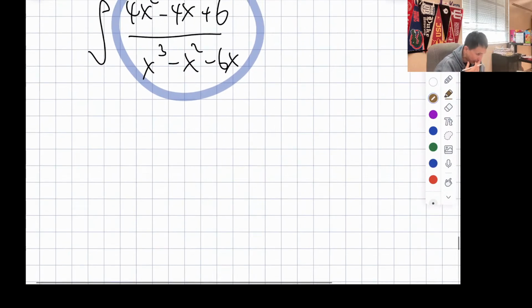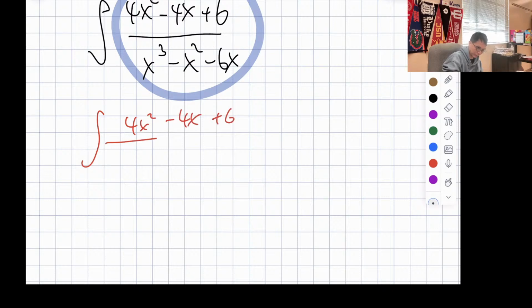If you have 4x squared minus 4x plus 6 over x cubed minus x squared minus 6x, what can you immediately do? Factor out x, you are a genius. What else can you factor?